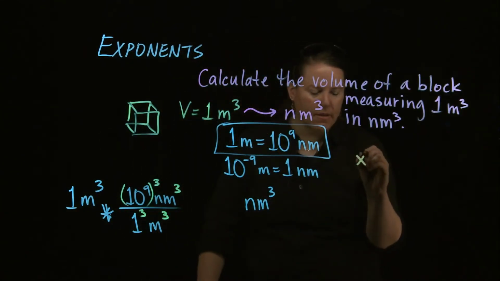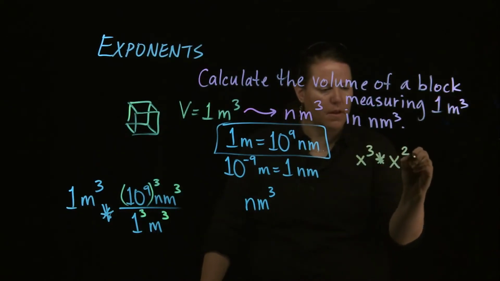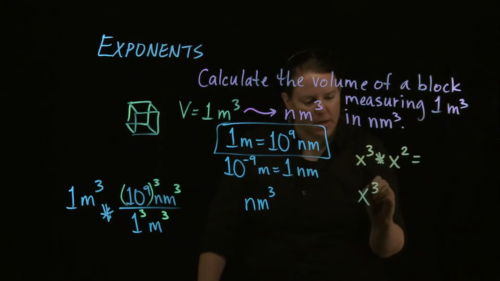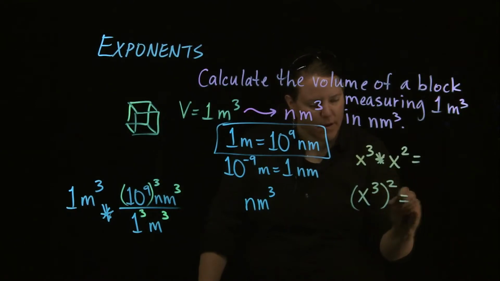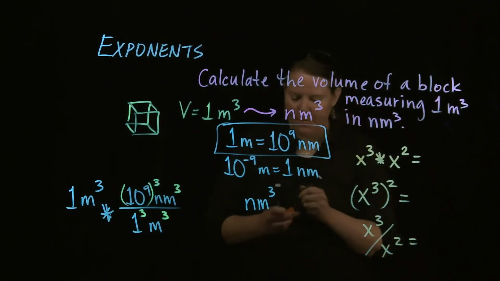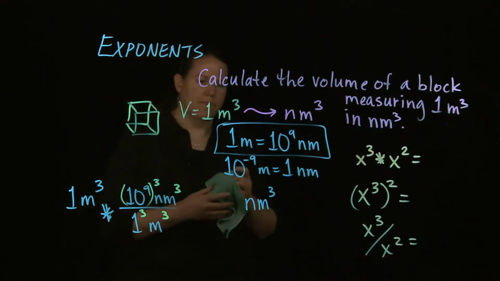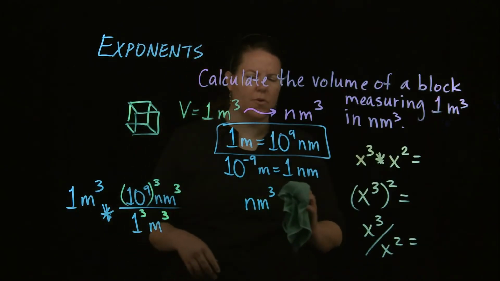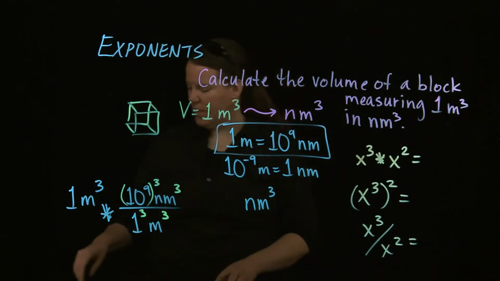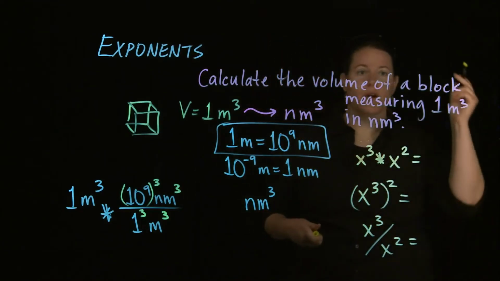Okay, you could say, let's do this. Let's do 3 scenarios here. All right, in these 3 scenarios, you're asking yourself, what do you do with these powers when you have the same base?